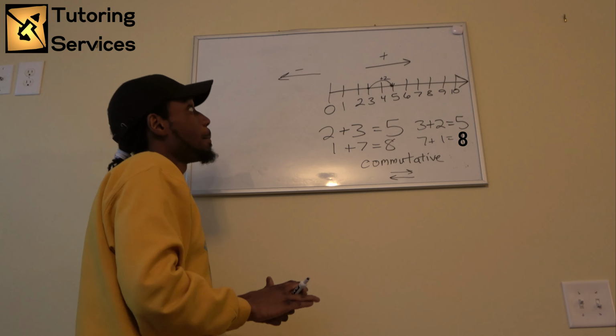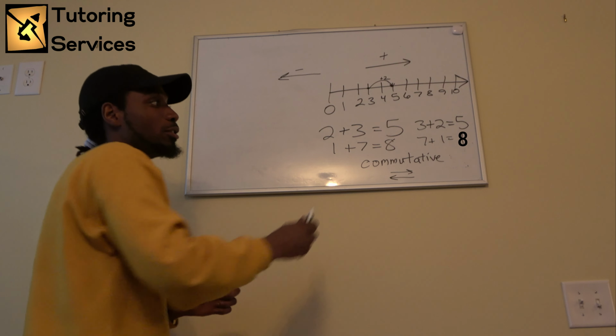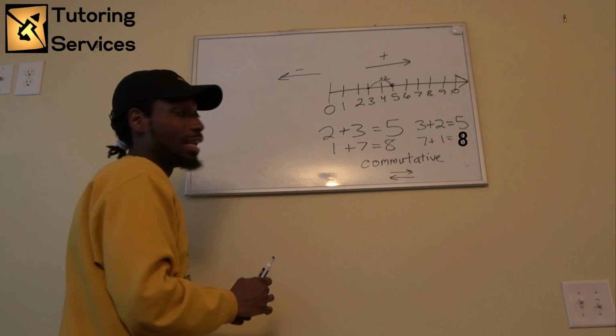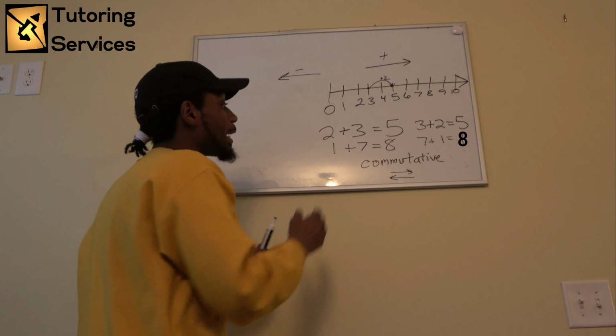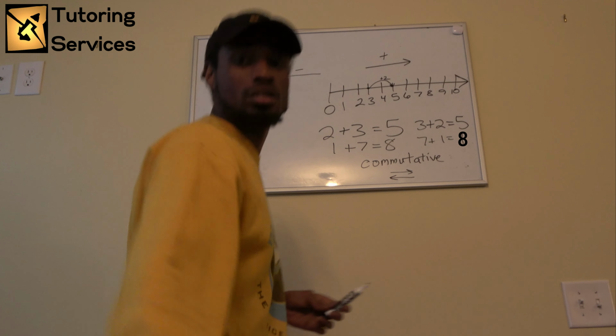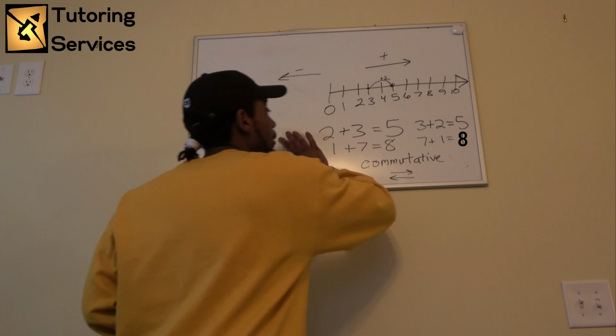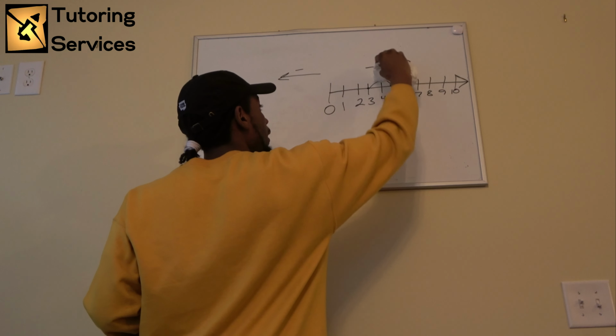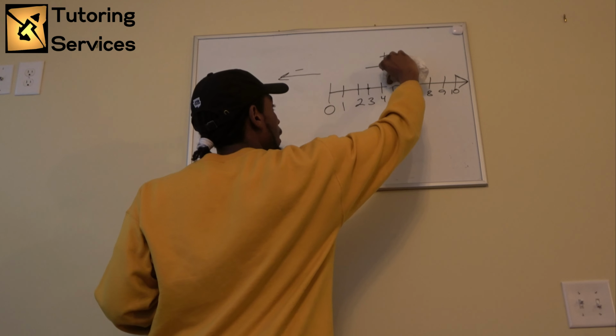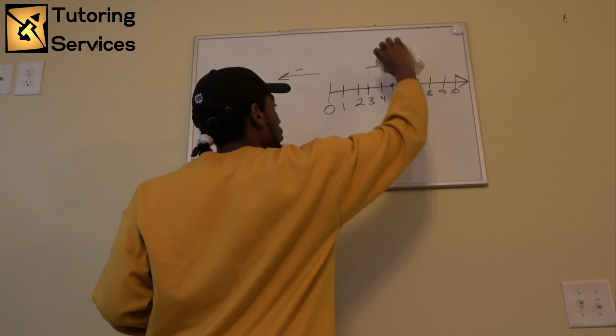Commutative, right? Subtraction, however, does not work like this. It is anti-commutative, meaning if you change the order, it actually changes the number. I'll get more into that. But now, what are we dealing with when we're talking about subtraction?